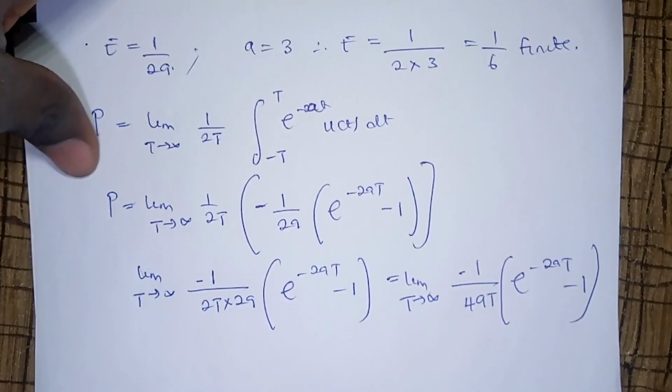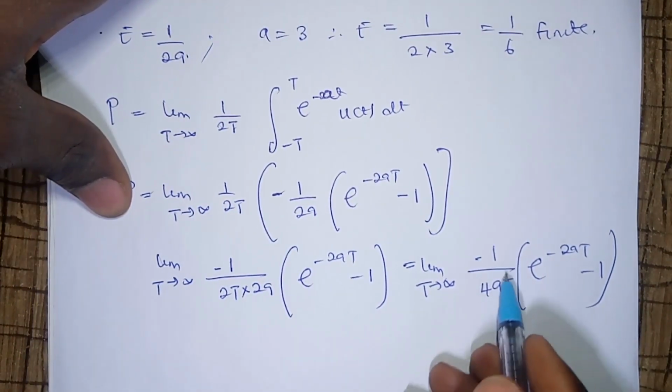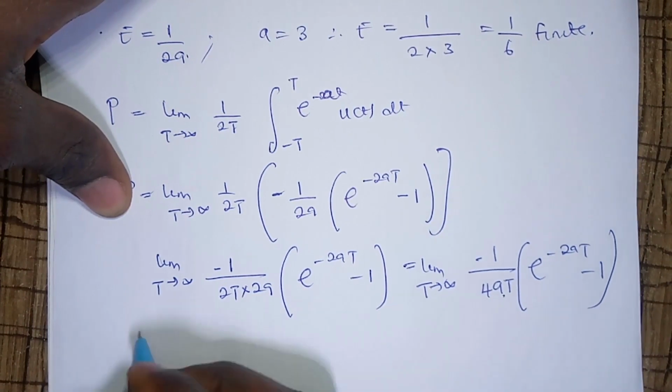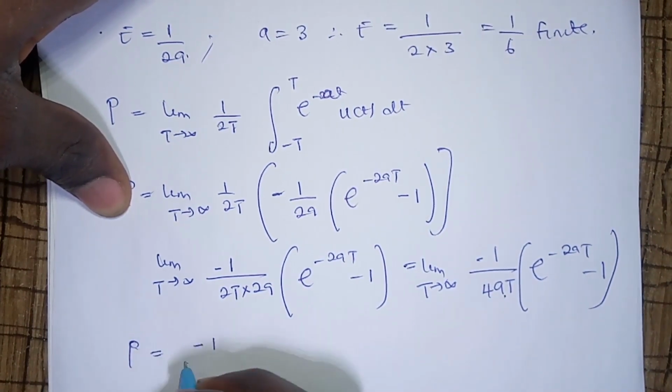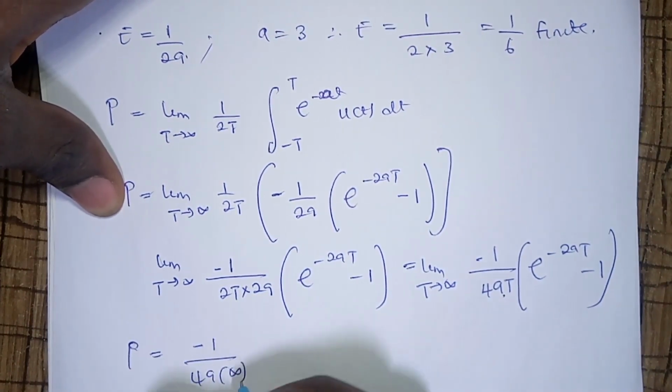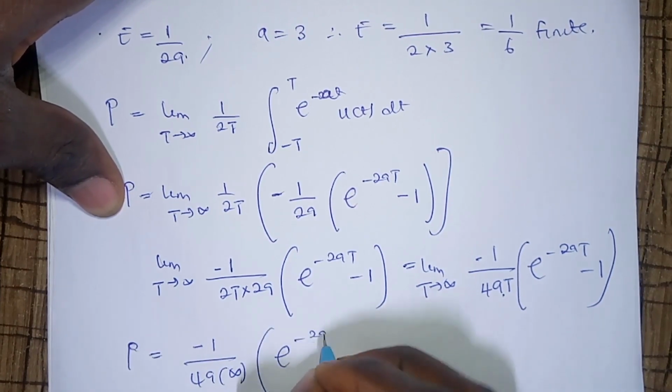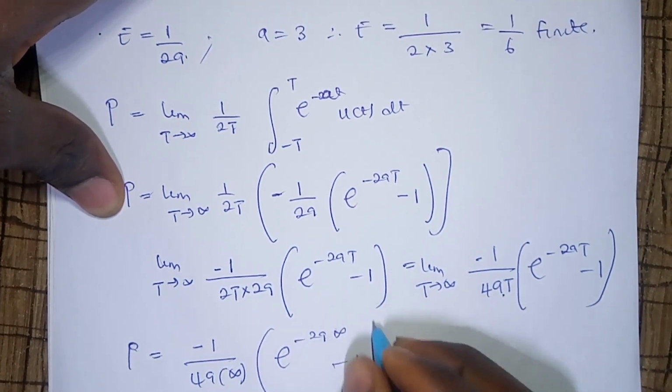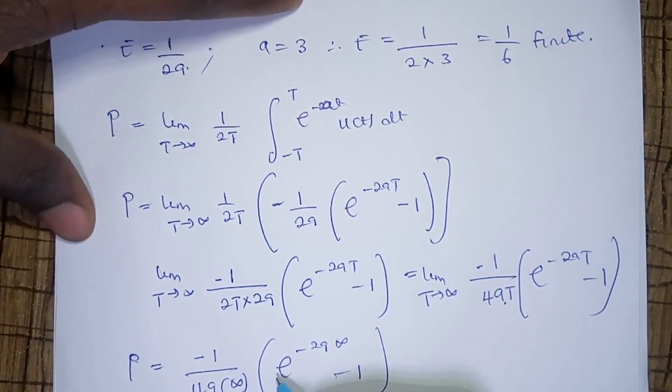Now we substitute infinity for t. So the power is equal to negative 1 over 4a times infinity, open bracket, e to the negative 2a times infinity minus 1.